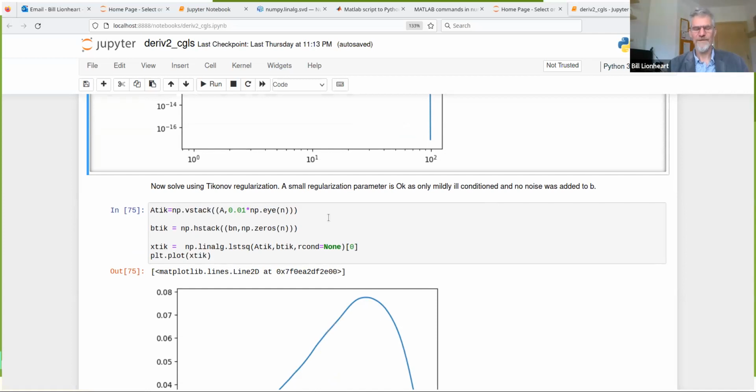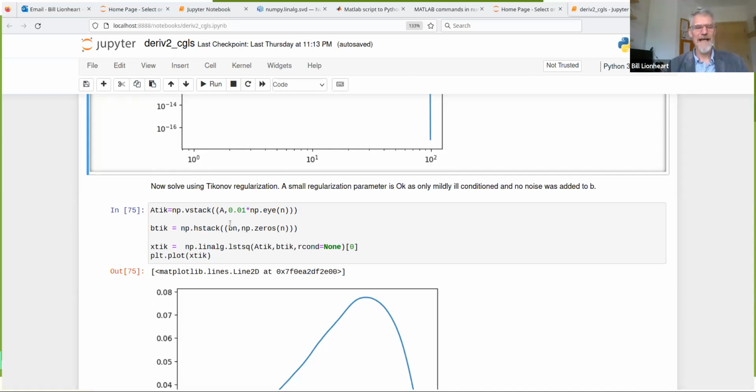Let's try Tikhonov regularization. I'm going to use the block formulation of Tikhonov. In NumPy, we can use vstack, to stack vertically. In MATLAB, we just put matrices as though they were rows of a matrix, and it would stack them vertically.